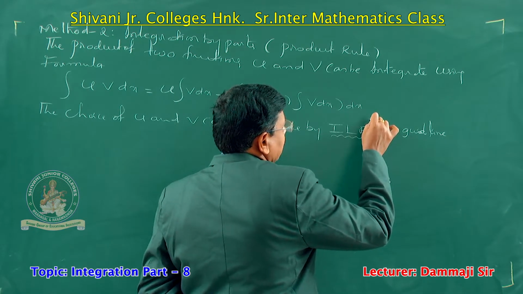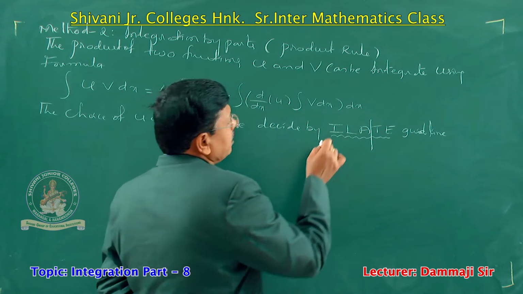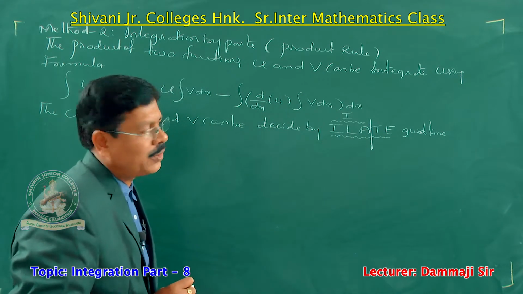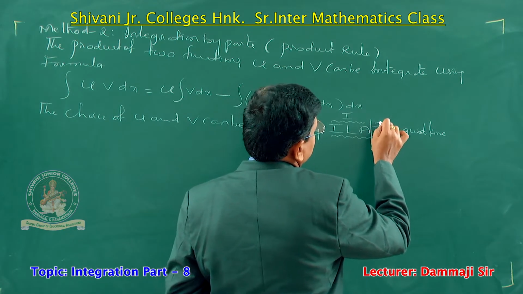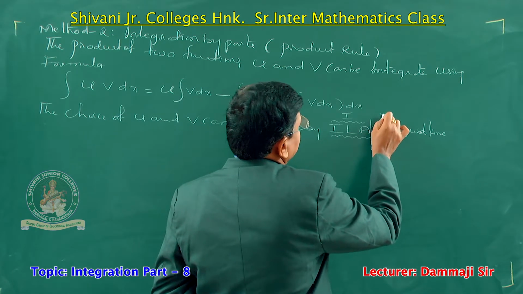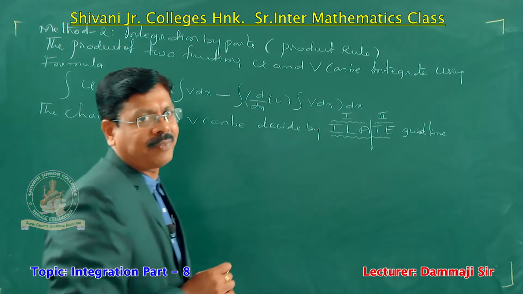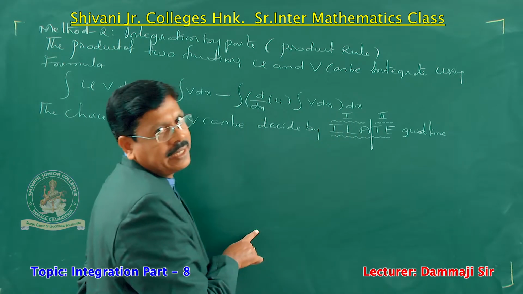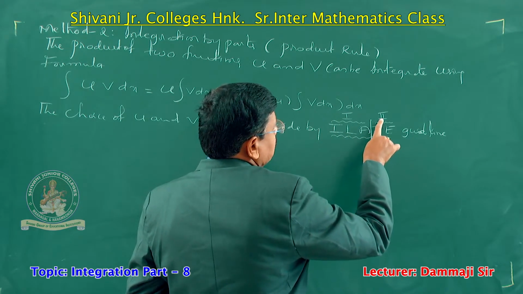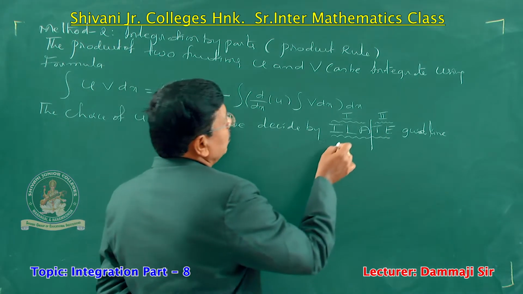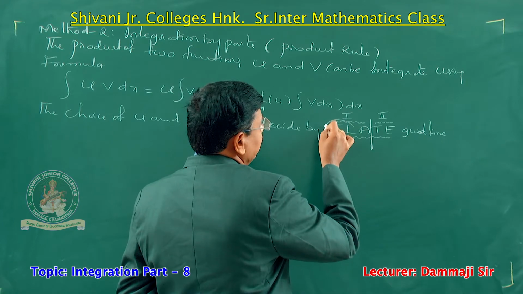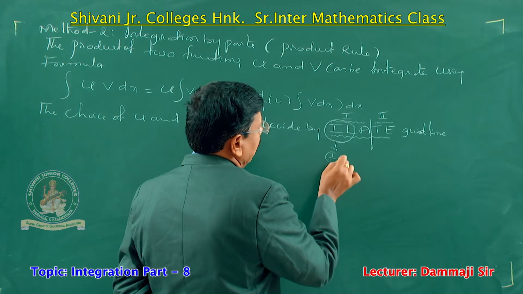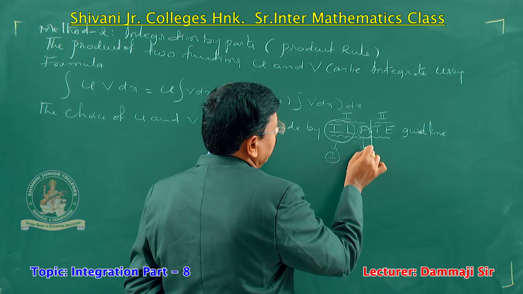In ILATE, among the letters given, the earlier letters we treat as the first function and the later ones as the second function. If I, L or A is there, that will be treated as the first one, and if T or E is there, that is the second one. If either I or L is given along with algebraic, I or L is the first one and algebraic is the second one.